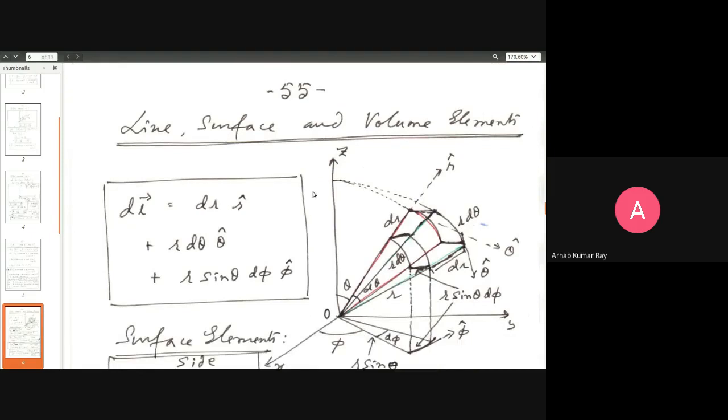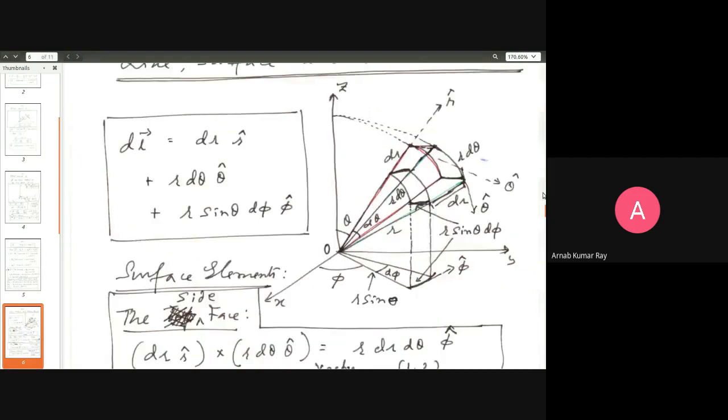Okay, as usual, it's very important to have a geometric intuition of what is going on here. So we shall begin with that. Here is a point. This is the first point, making an angle theta with the z-axis.